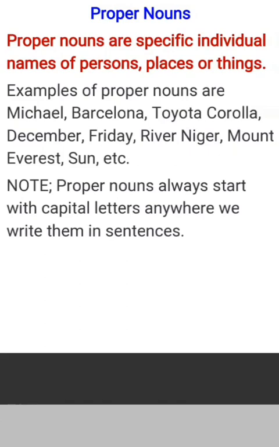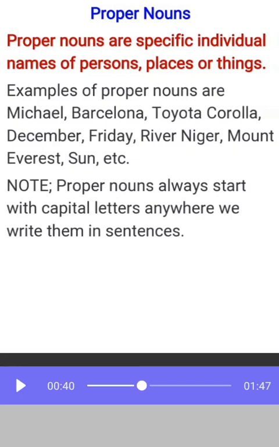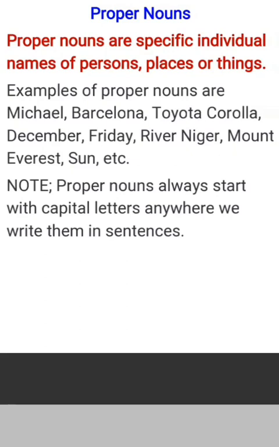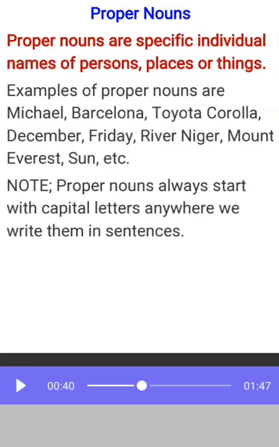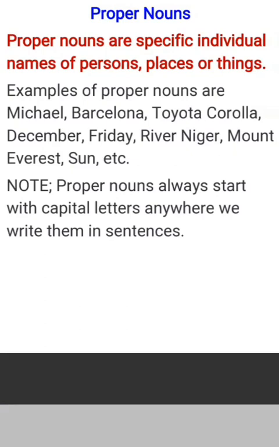So that makes Michael a proper noun. But boy, girl, man, woman, they are not proper nouns because they are not specific. They refer to generalized persons. Then we go to Barcelona. Barcelona is a specific place, so it's a proper noun.